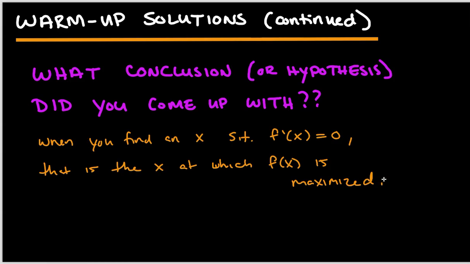So that's kind of what we think is true. When we find an x such that f prime of x equals 0, that is the x at which f is maximized. That's the question we're asking.